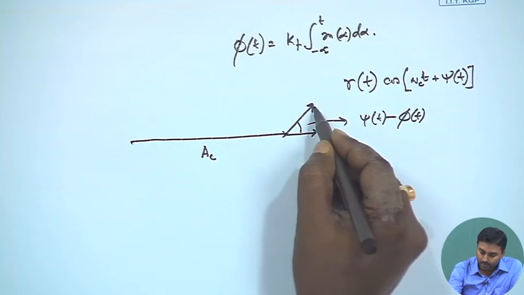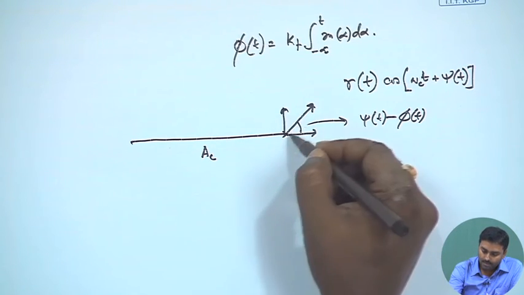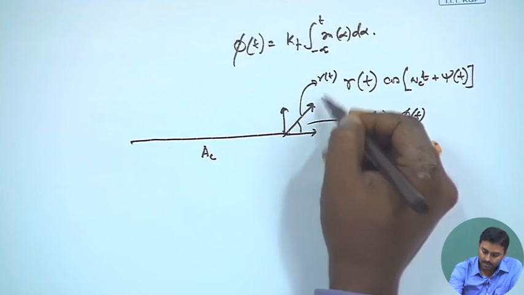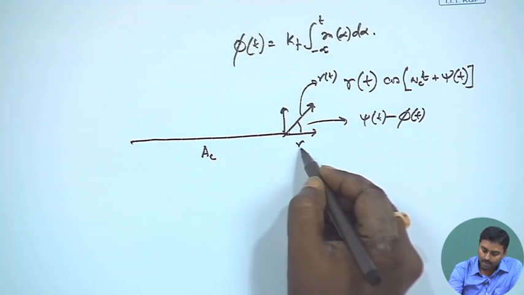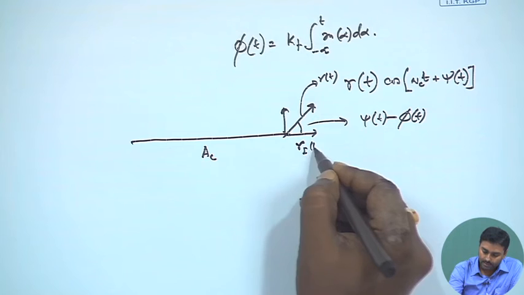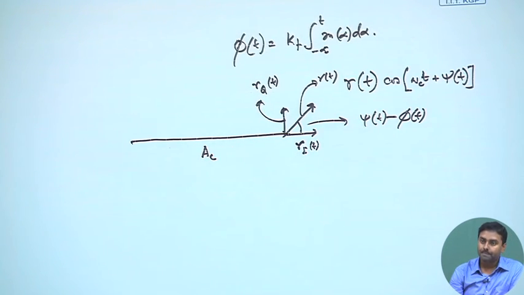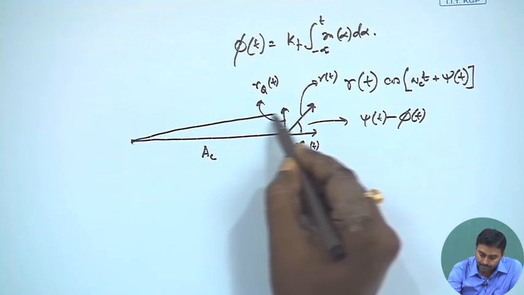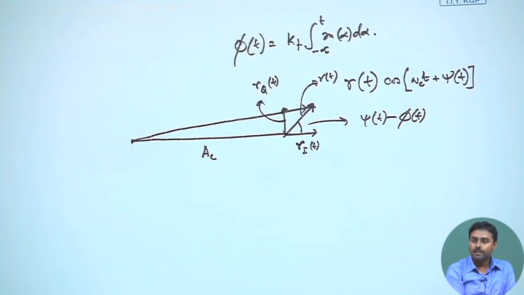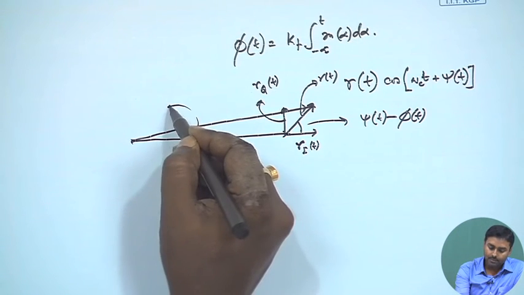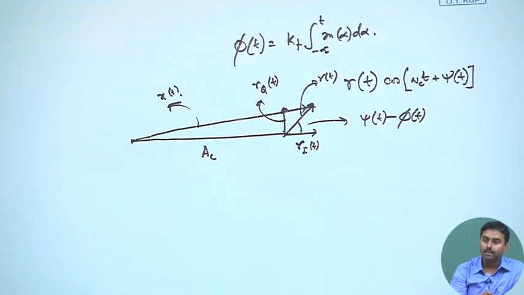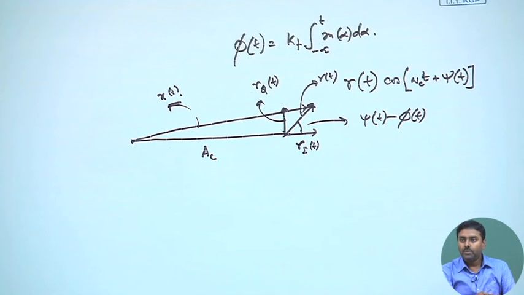On top of that, this is the R t, and that is R I t, and that is R q t. This is the overall noise plus signal phasor, which we have characterized as x t.